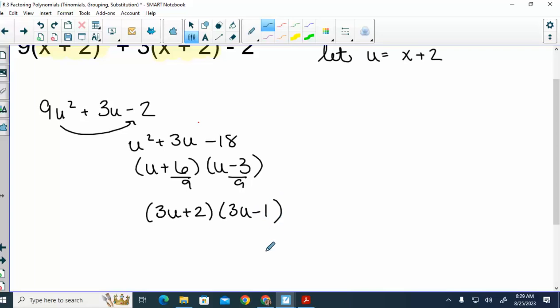Okay. I am not totally done though. Because this problem has u's in it, but what did my original problem have? Yeah. So now I have to undo what I did. I started out replacing my x plus 2 with a u. Now I need to go back. So this u is really an x plus 2.